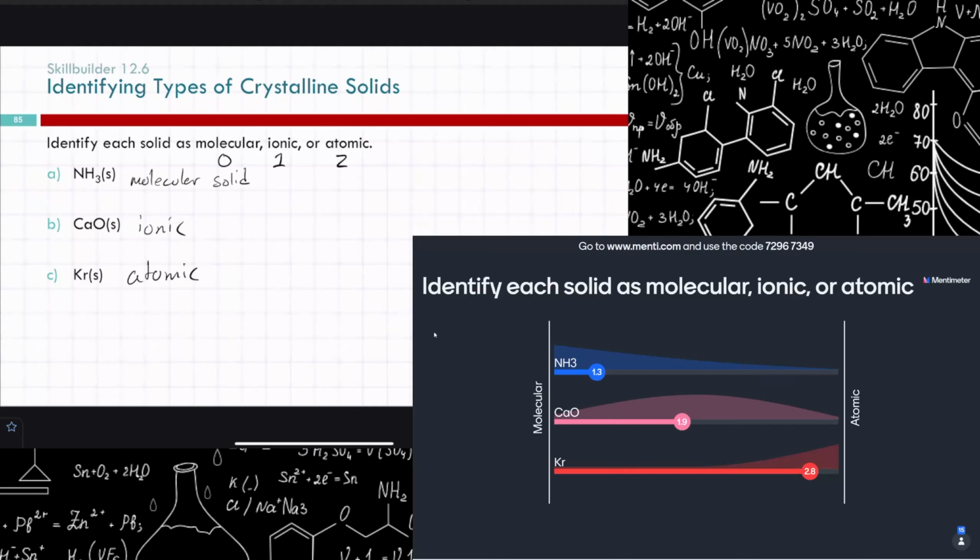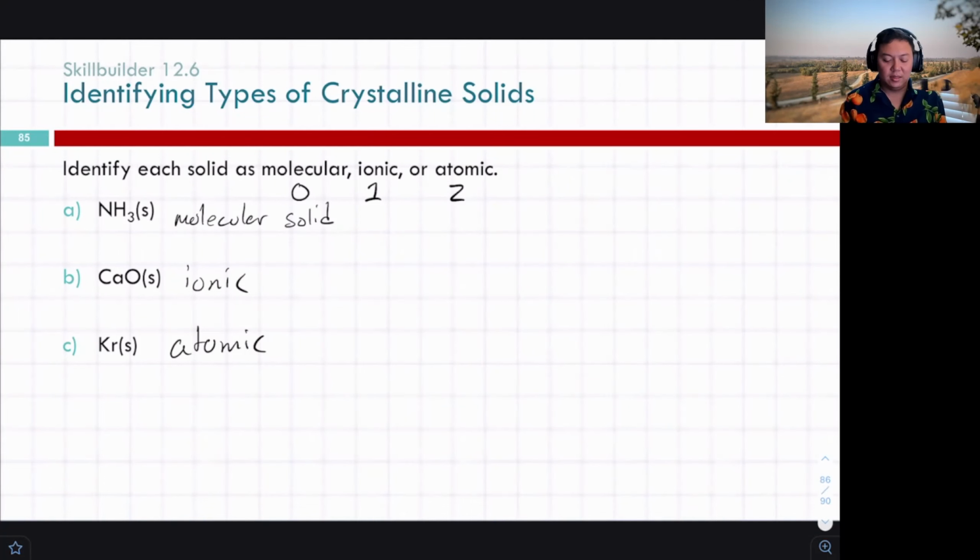And this is where I think I've suggested in the past: try making a decision tree for yourself for how to identify these types of things. So if we're looking at these three especially, what is different about the atomic solid versus an ionic or molecular solid? Well, this only has one type of atom. And then you can try a few more examples and see if that applies more universally, and I'll tell you that it does.